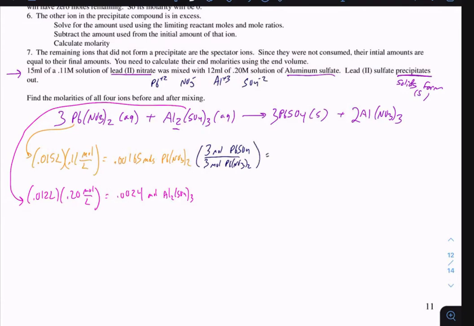Okay, so the 3's obviously cancel, the units cancel, and so 0.00165 moles of PbSO4. That's what's expected from the first reactant.